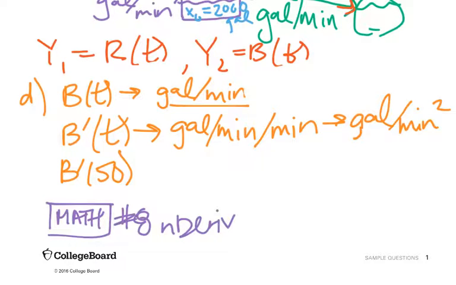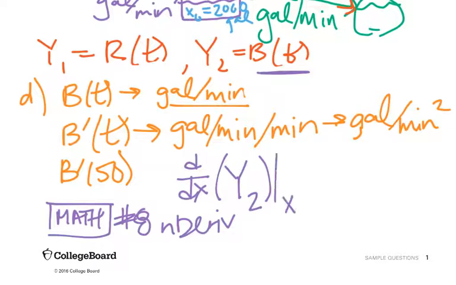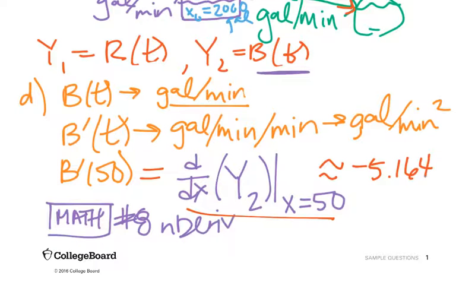And it will ask you to put in variables and letters so that it looks like this. We're taking y2. y2 was our b of t. And then it'll look like x equals 50. So this is what you're plugging in your calculator. And when you do that, you should get approximately negative 5.164 gallons per minute squared.